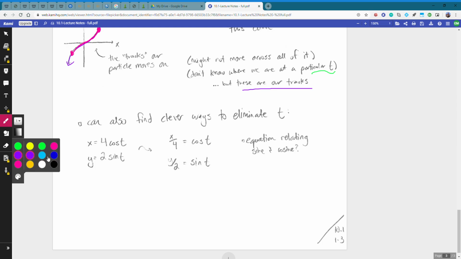Now, do we know any equations relating sine and cosine? Yeah, right? We have our favorite Pythagorean theorem, cosine squared t plus sine squared t equals 1.